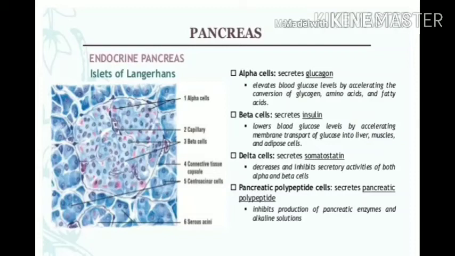Delta cells secrete somatostatin, which decreases and inhibits secretory activities of both alpha and beta cells. And these pancreatic polypeptide cells, which we term PP cells, secrete pancreatic polypeptide, which inhibits the production of pancreatic enzymes and alkaline solutions.